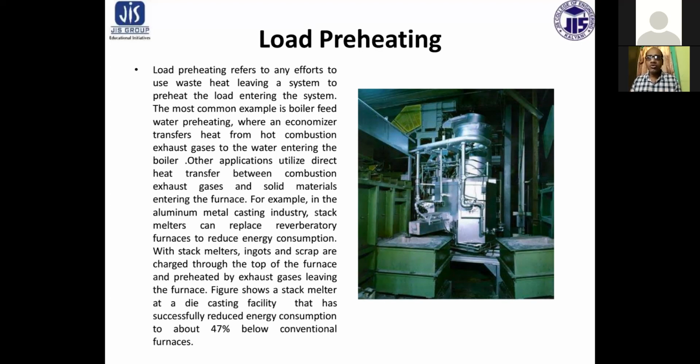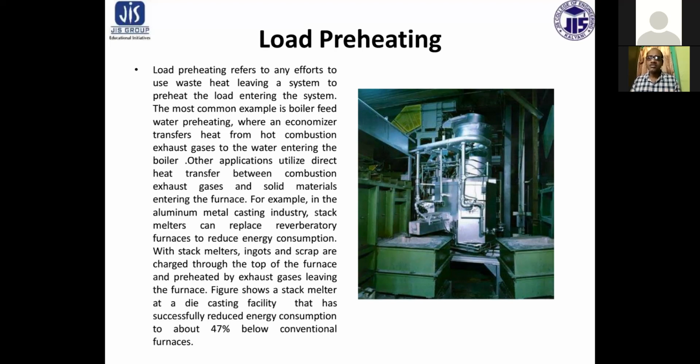The most common example is boiler feed water preheating, where an economizer transfers heat from hot combustion exhaust gases to the water entering the boiler. Other applications utilize direct heat transfer between combustion exhaust gases and solid materials entering the furnace.